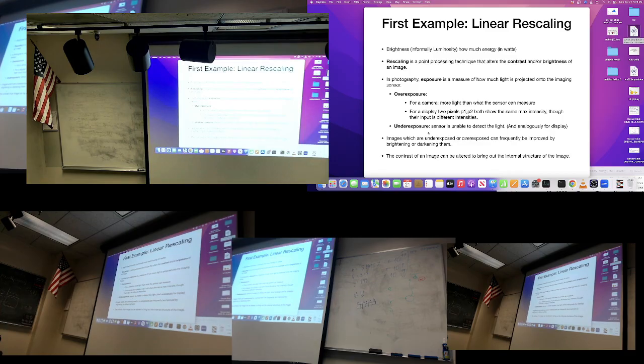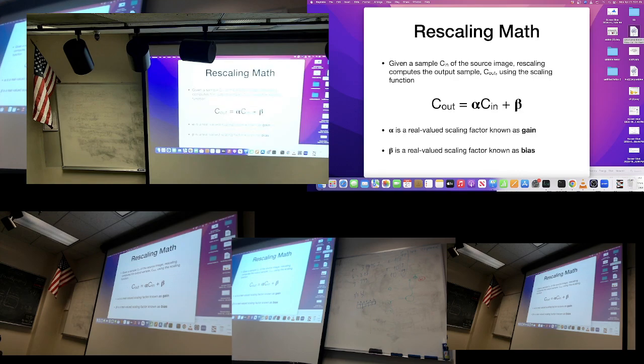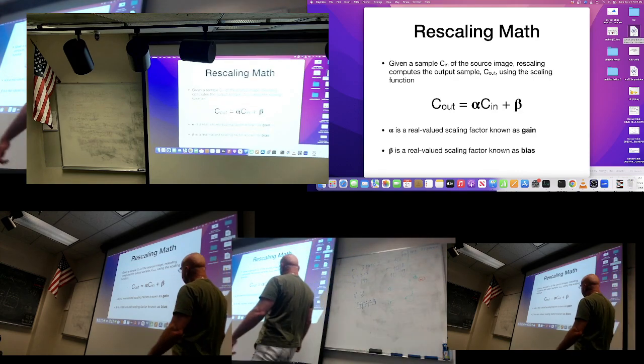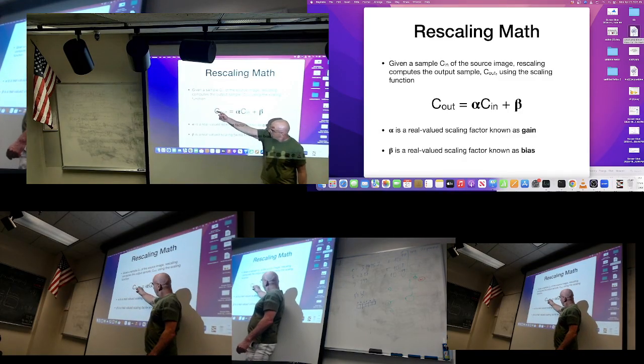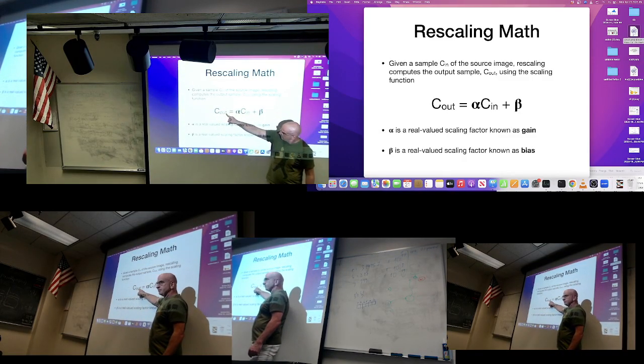But good news, we can correct them. We can reveal the details so our monitors are happy to show them. Simplest formula: the intensity out, individually per pixel, the same constant per pixel.